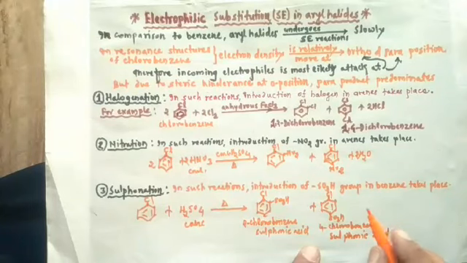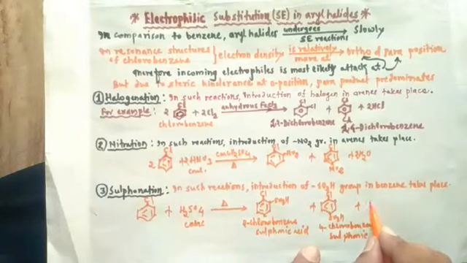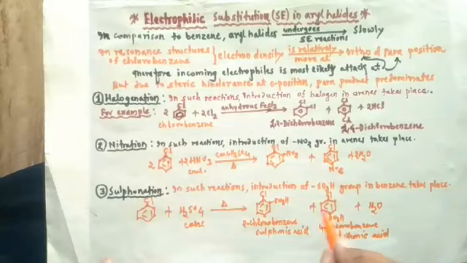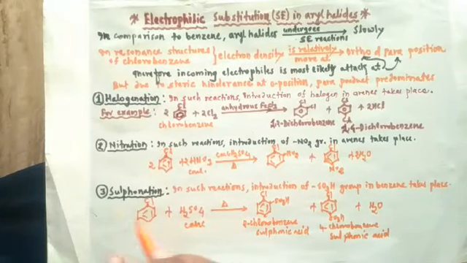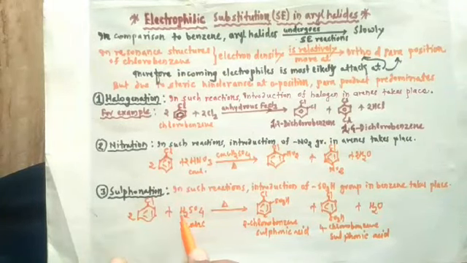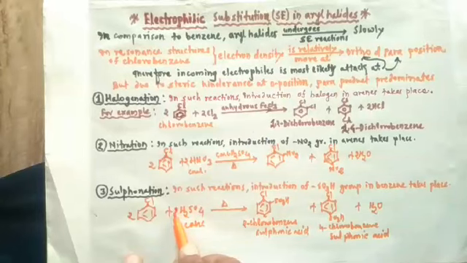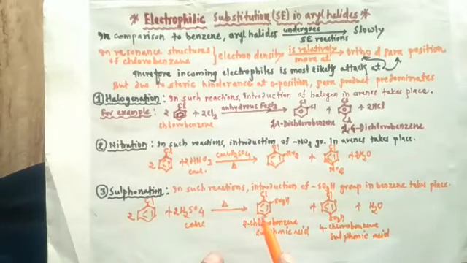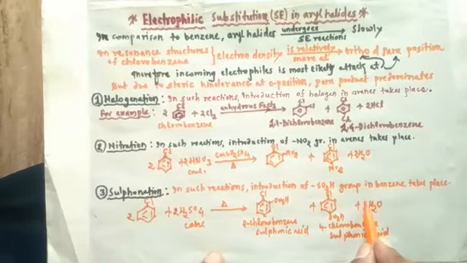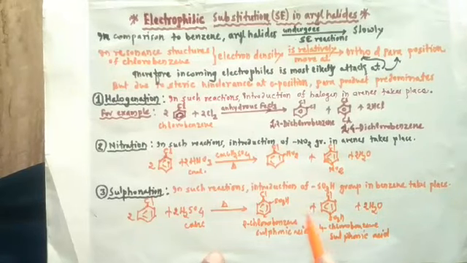And here the byproduct is H2O. Again, to balance the reaction, we have to write 2 moles here, 2 moles here, and also 2 moles of H2O.